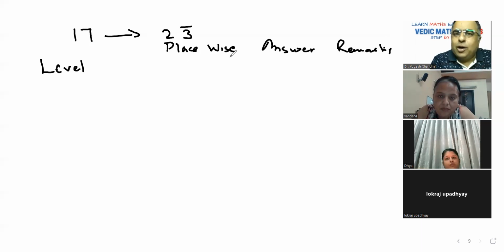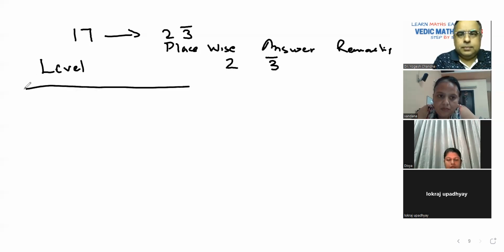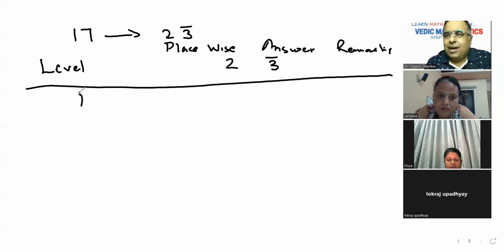Now I'll write down the operators here, 2 and 3 bar. What is the first level? If we have to write a table of 17, the first level is always the number. So I can write 17 here also, but we know 17 is nothing but 2 3 bar also.